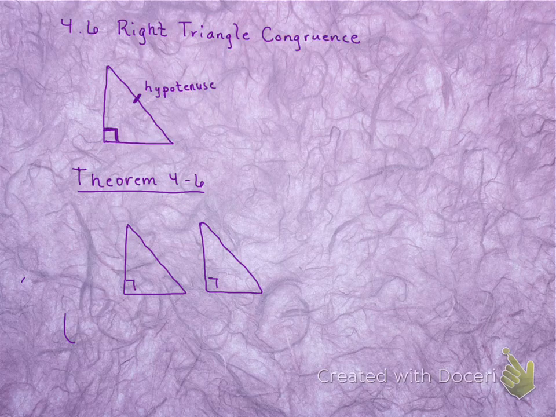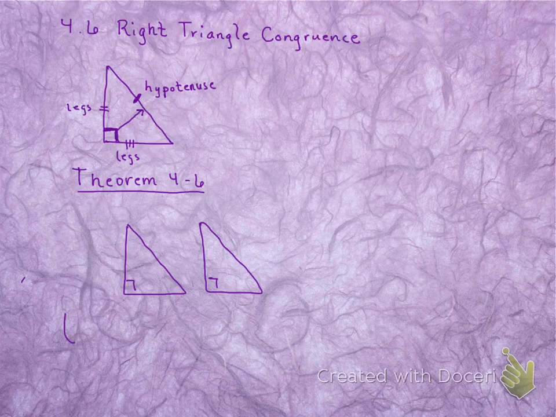When we start to work with right triangle trig, we'll utilize the fact that that is the longest side of a right triangle no matter what. These other two sides are called legs. So a right triangle is made up of two legs and the hypotenuse. The hypotenuse is always the side across from the 90-degree angle.